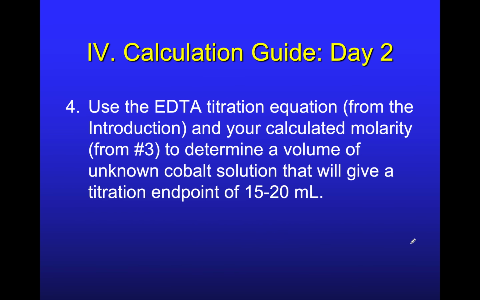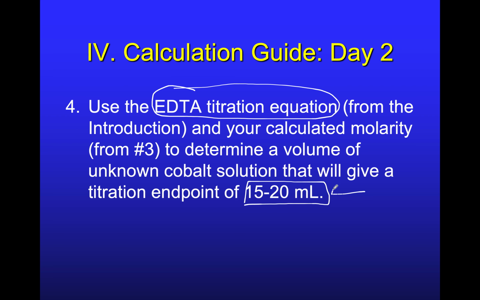So the day 2 calculations are modified a little bit because you're not in the lab, you're not estimating the EDTA titration equation. You're not estimating the volume of EDTA to get 15 to 20 mils. The data has been done for this, so the data should show EDTA between 15 and 20 mils.